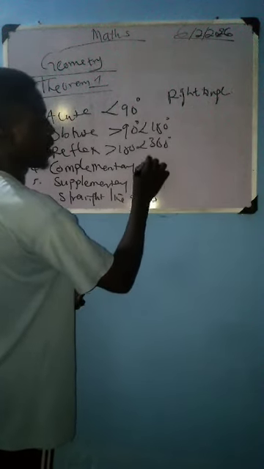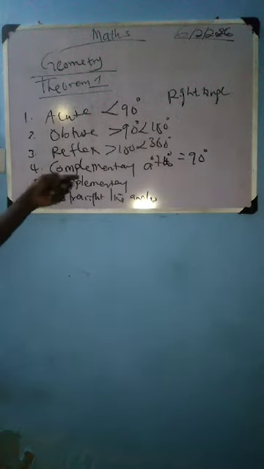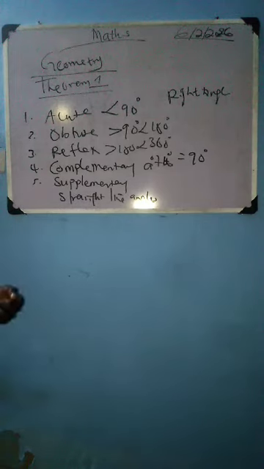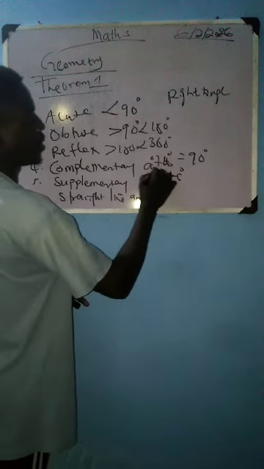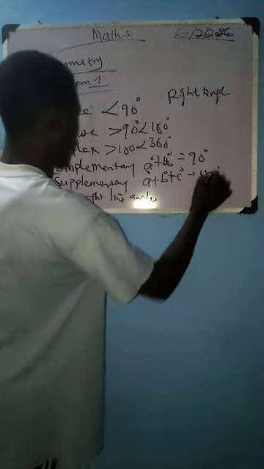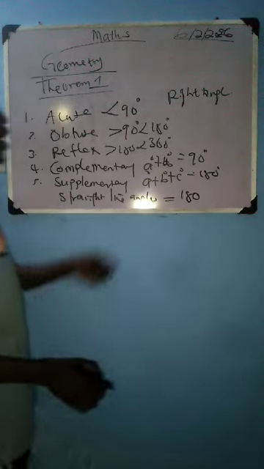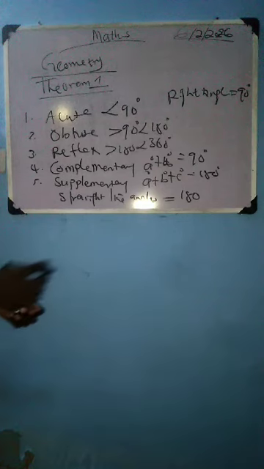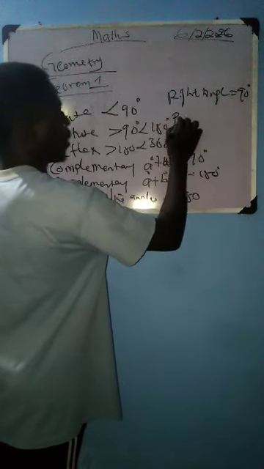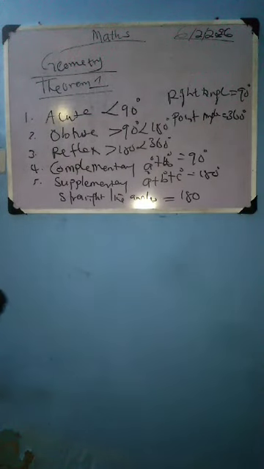Let's say angle A plus angle B is equal to 90. These are complementary angles. Supplementary angles are angles whose sum will give you 180. So angle A plus angle B equals 180. Straight line angles are simply angles on a straight line, which are equal to 180. A right angle is equal to 90 degrees. We also have angles at a point, which are simply 360 degrees.